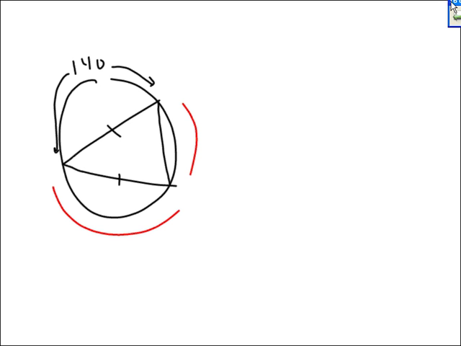Well, we're given one arc, and what you need to do is look at the arc that's given and decide what angle cut off that arc. And the answer is this angle cut off that arc. And it's an inscribed angle. So it's half the arc. If the arc is 140 degrees, then this is 70 degrees.